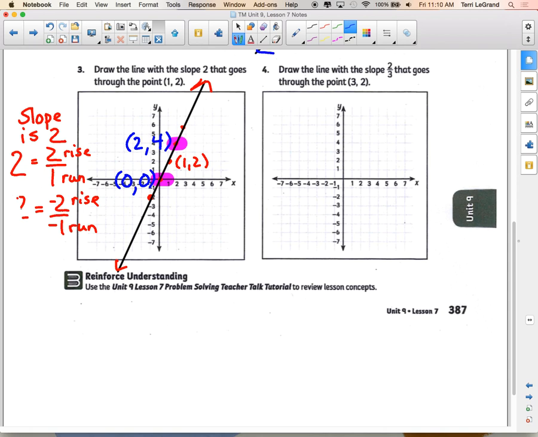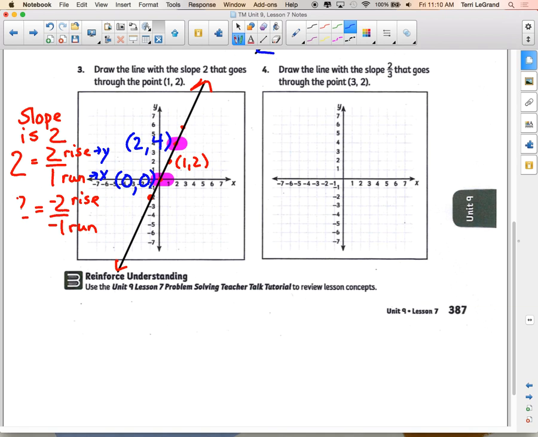The y's. And what changes when you go left and right? The x's. So it's the y change over the x change. Our slope says the y should be changing by 2's while the x's are changing by 1's. Let's check to see if that's happening.